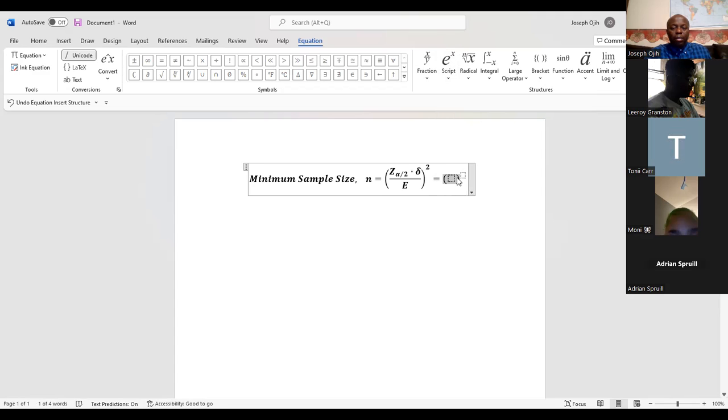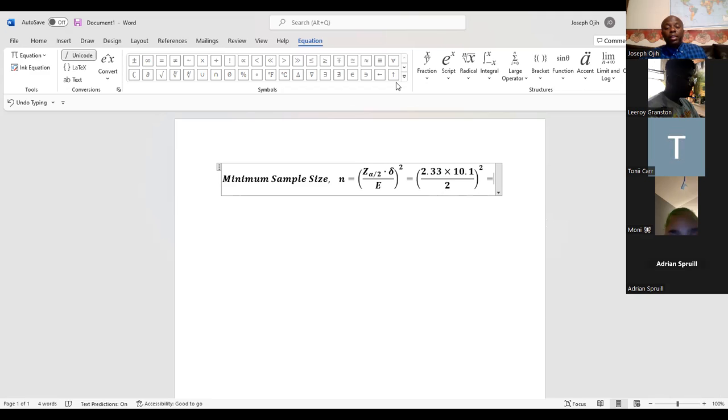So Z alpha over 2 is 2.33, times standard deviation of 10.1, divided by error of 2, everything squared. That will give us the sample size. So I'm going to put this in the calculator and get our results.